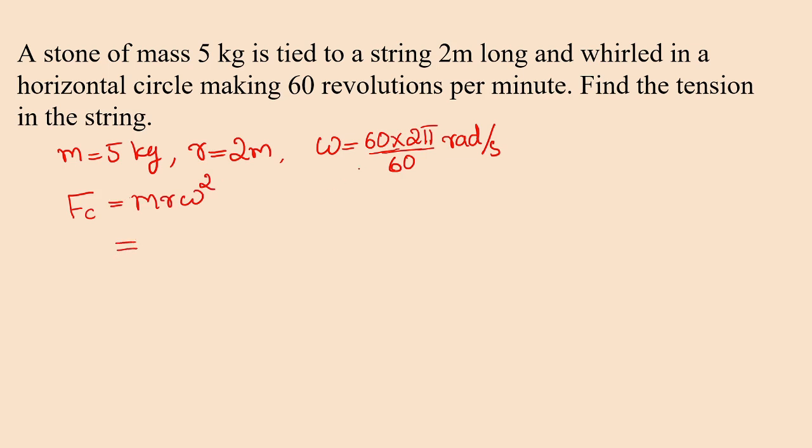First, we can find the angular velocity. That is 2 pi radian per second. Okay, so let us substitute. That is 5 into radius 2 meter into 2 pi whole square.